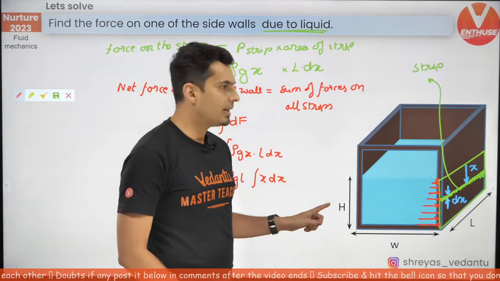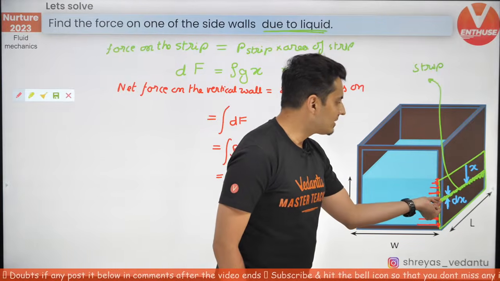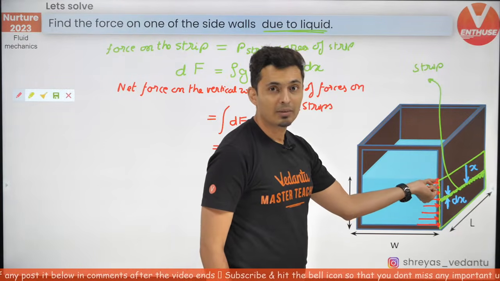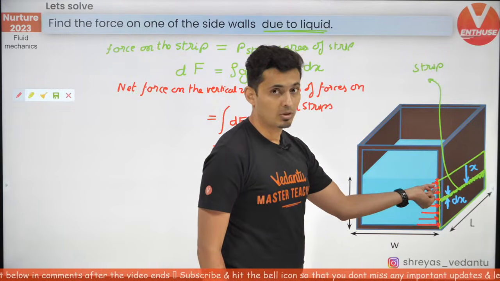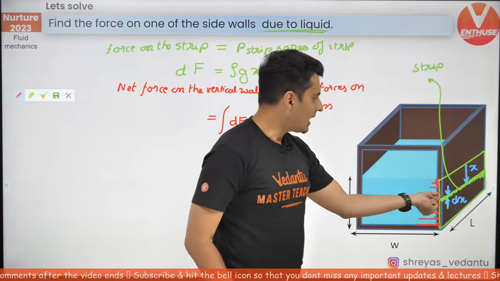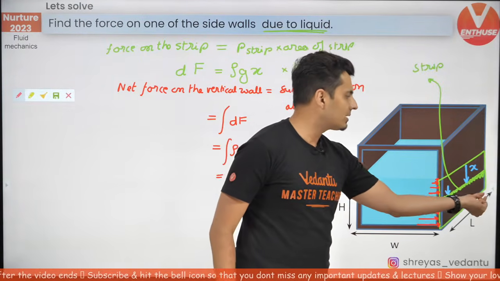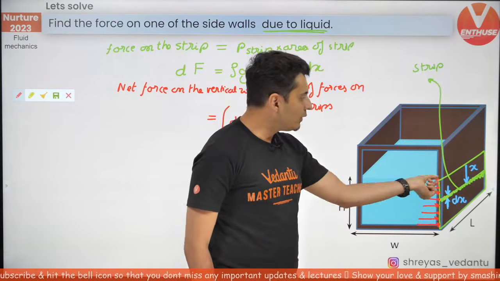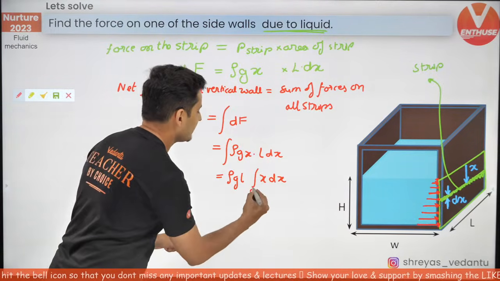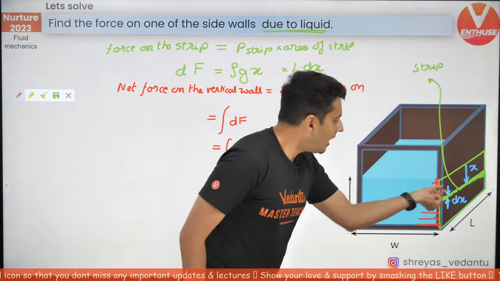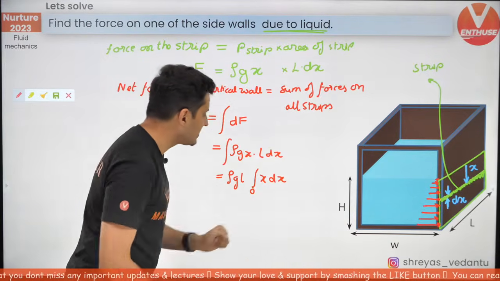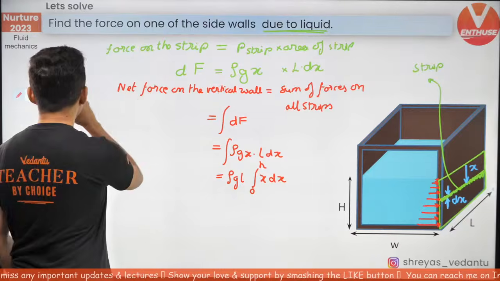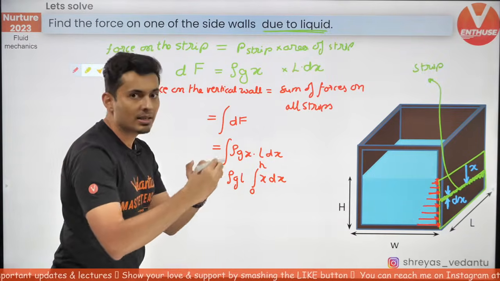How does x vary? The strip starts from the topmost point, so x is 0, and the last strip that you take is at the bottom, at the depth of h. So the first strip is when x is 0, the last strip is when x is h. What is the integration of x dx?